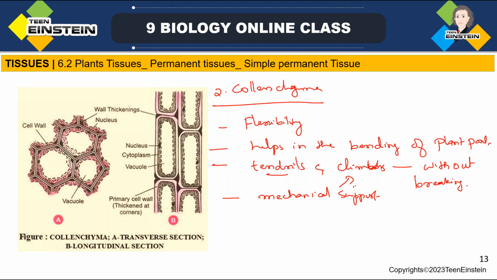We can find this type of tissue in leaf stalks below the epidermis. The cells of collenchyma tissue are also living cells. You can see they are somewhat elongated, not like chlorenchyma.